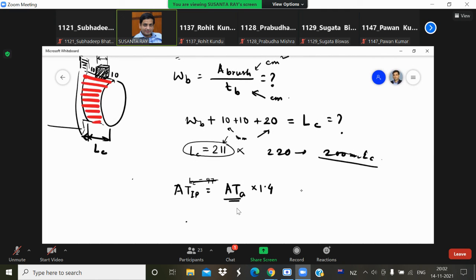Then the number of turns for the interpole, how can we calculate? Any idea? How can we calculate the number of turns?